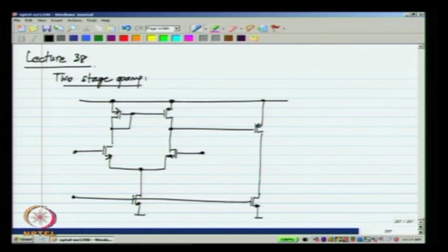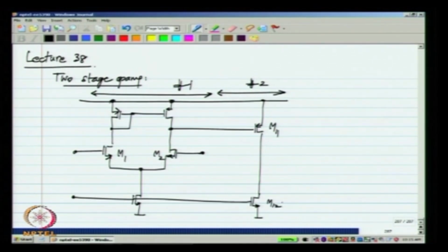This is the first stage and that is the second stage. Okay. And this is the output.